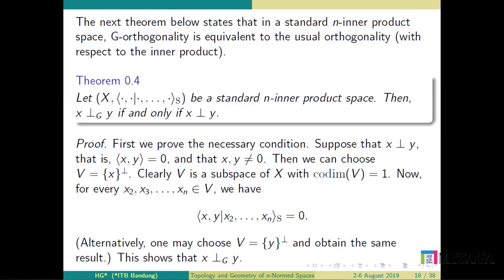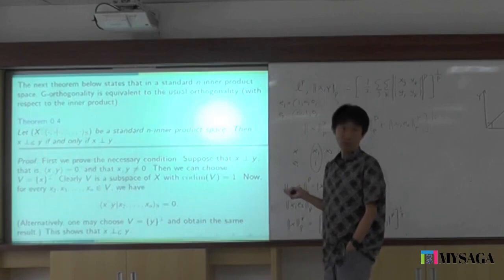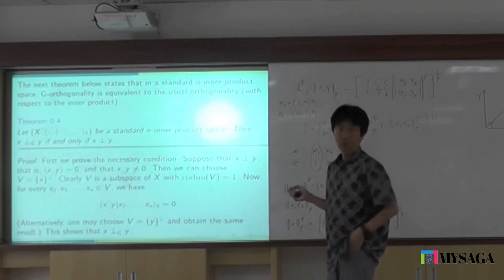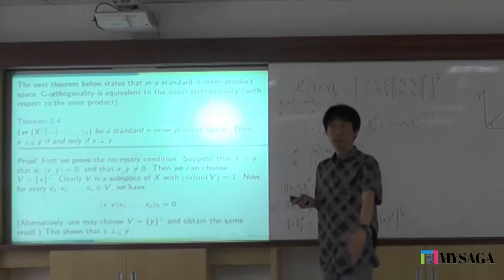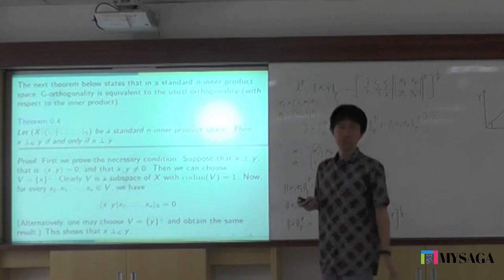Then we can choose V to be the orthogonal complement of x. This means that V is a subspace of X with dimension 1, because x generates span x which has dimension 1.